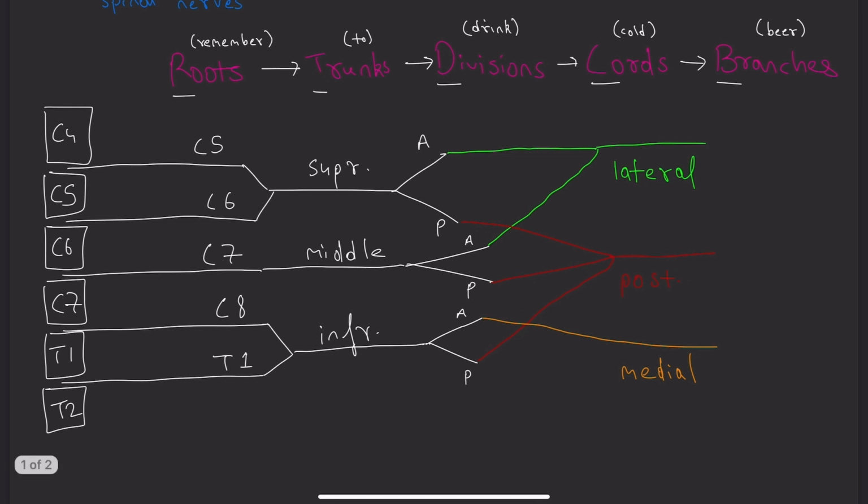Firstly, a branch of the lateral cord and a branch of the medial cord will combine to form a nerve, which we call the median nerve. The lateral cord will also give out another branch, which is called the musculocutaneous nerve.